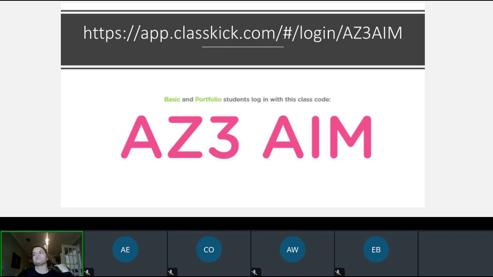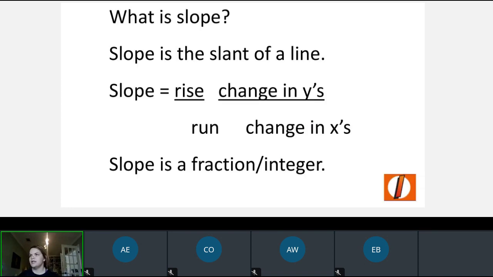Awesome. So what I want to go over today is just kind of a little review of graphing some lines. Oh, yay, Kayla, welcome. So we're going to first talk about slope. So what is slope? Slope is also known as the slant of a line. Some of you might be more familiar with calling it the steepness.